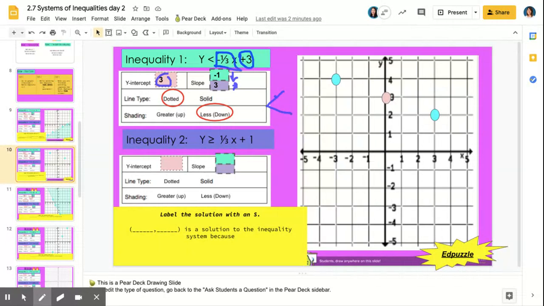All right, our symbol is this. What symbol is that? It is less than, so that's where we got the dotted and down. So let's go ahead and draw that in. Dotted and down.